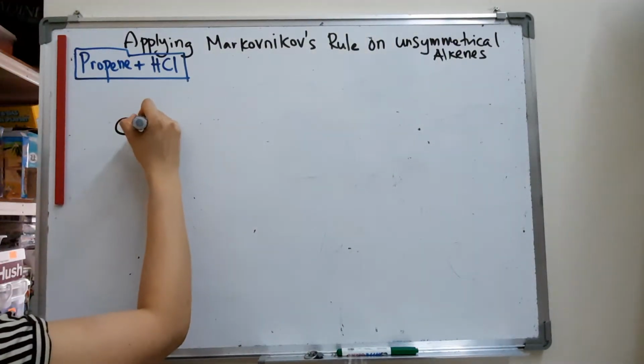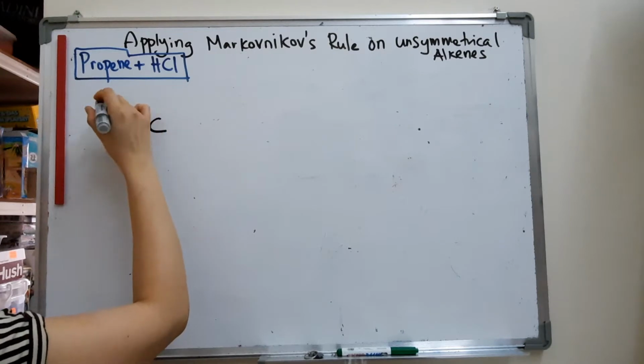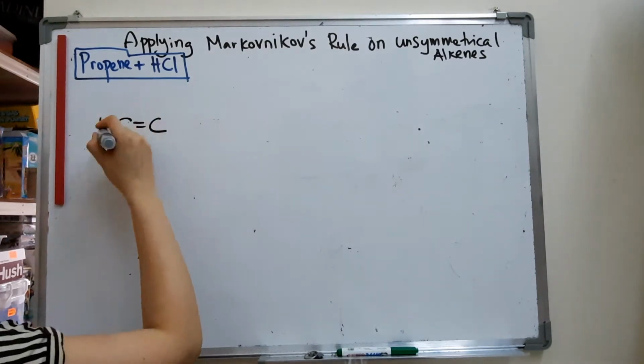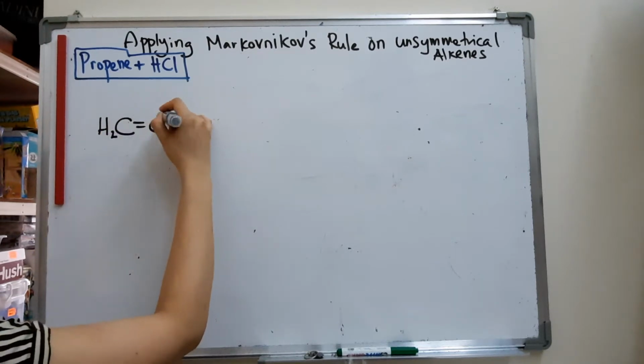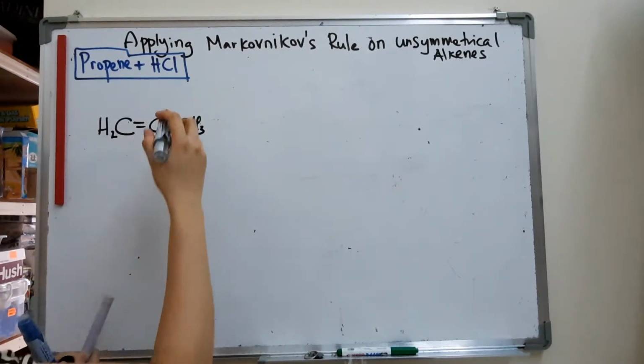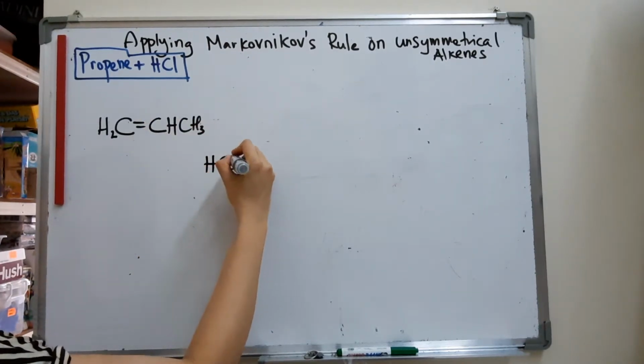So you have the C=C, and this one is the CH2. I'll just write it in simplified form first, and you have the HCl.